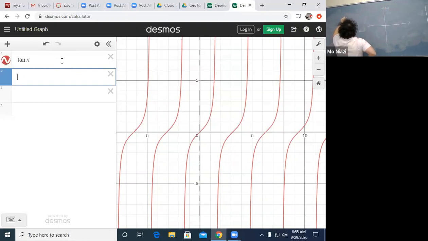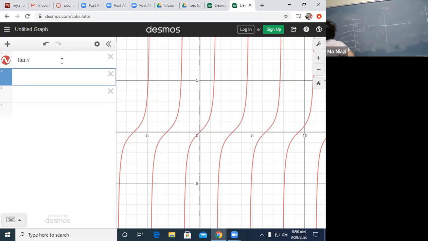Here's tangent of x. Let's pick some values. Let's say 0, pi over 6, pi over 4, pi over 3, pi over 2. Let's say 2 pi over 3.